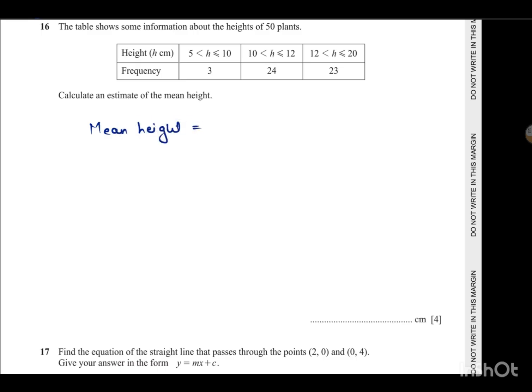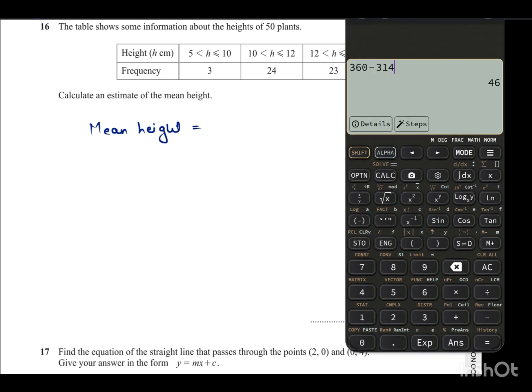You need to multiply the mid value of the class with frequency and add all those. So mid value of first class, 5 plus 10 divided by 2, is 7.5.